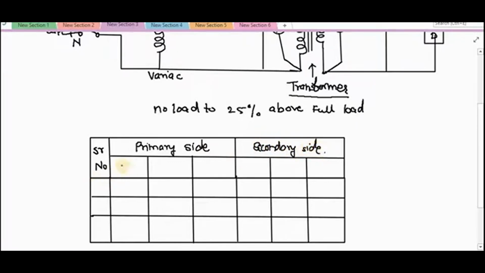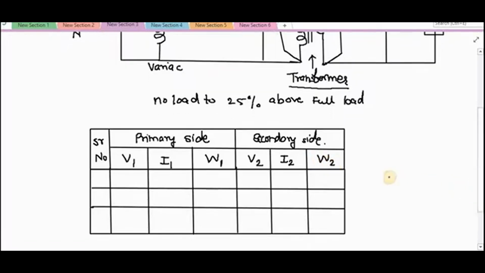Right. So what readings are we taking on the primary side? Voltage connected to the primary winding, current flowing through the primary winding and the power in the primary circuit. Similarly, all readings we have to take on the secondary side. Here suffix 1 denotes the primary and suffix 2 denotes the secondary winding.